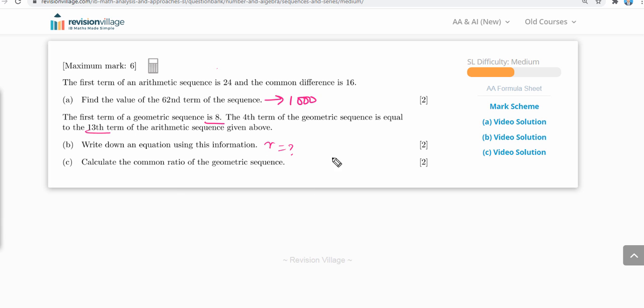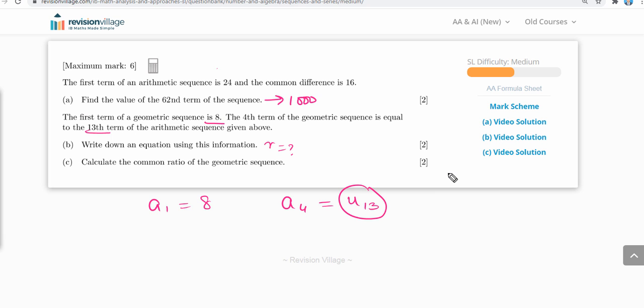So we have the first term of the geometric sequence that is equal to 8. We also have the fourth term that is equal to the 13th term of the arithmetic sequence. So let's find out the 13th term of the arithmetic sequence, and from there we will get the fourth term. And once we have the fourth term and the first term, then we can write down the equation for the common ratio.